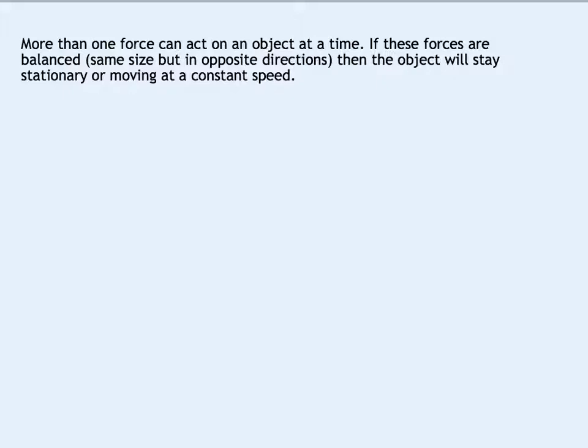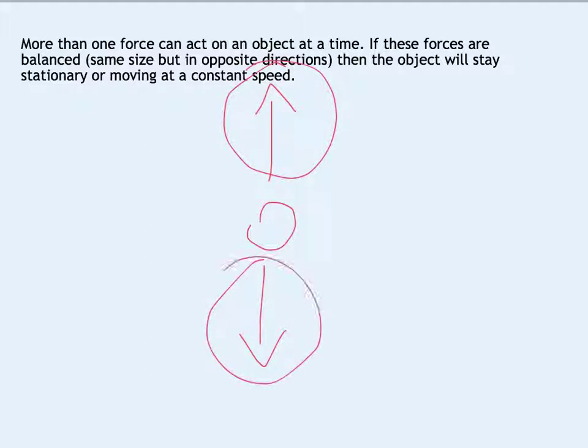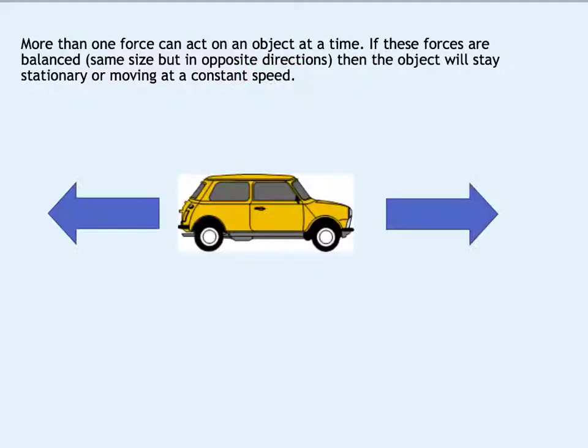If you've done the P3 unit towards the end, you'll have done terminal velocity, and obviously this is where you've got an object falling where you've got a downward force and you've got air resistance that are the same size, and terminal velocity is a constant speed. So just because this air resistance and this downward force are the same size doesn't mean the object stops, it just means it falls at a constant speed.